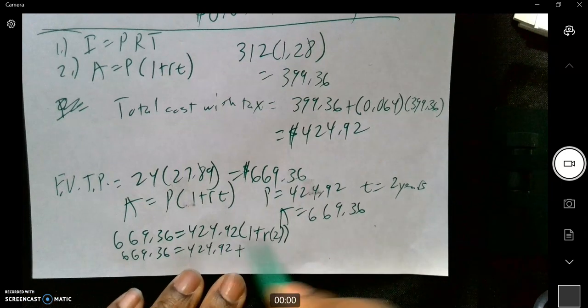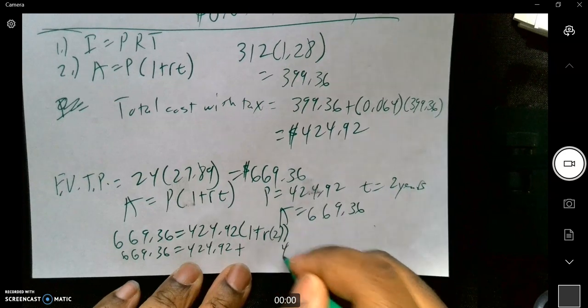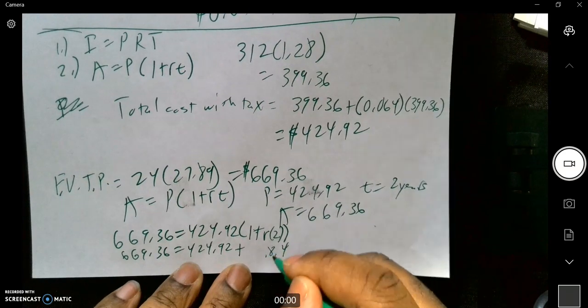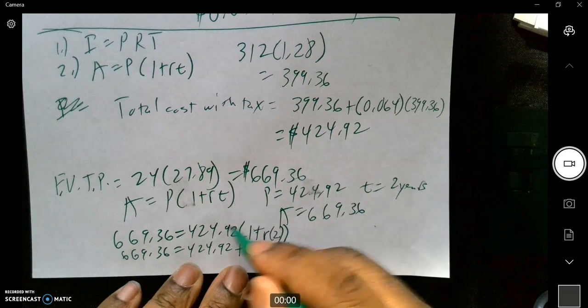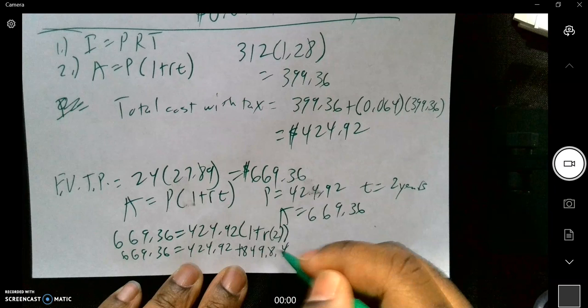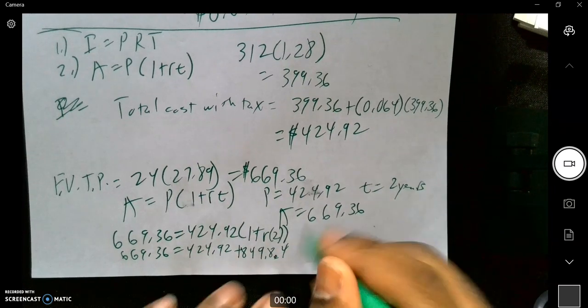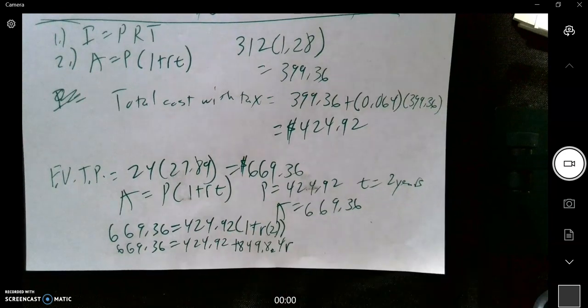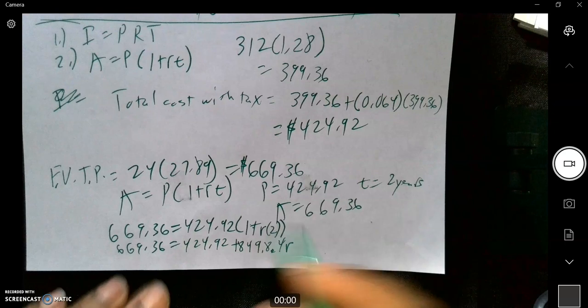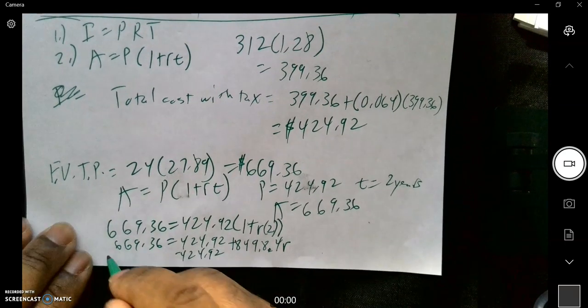So we have to double this value here, which would give us, let's see, it'd be 4, 18, carry a 1, that'll be 9, for $849.84. And then we will have times R. So now, of course, we need to get R by itself. So we will subtract the 424.92 on both sides.